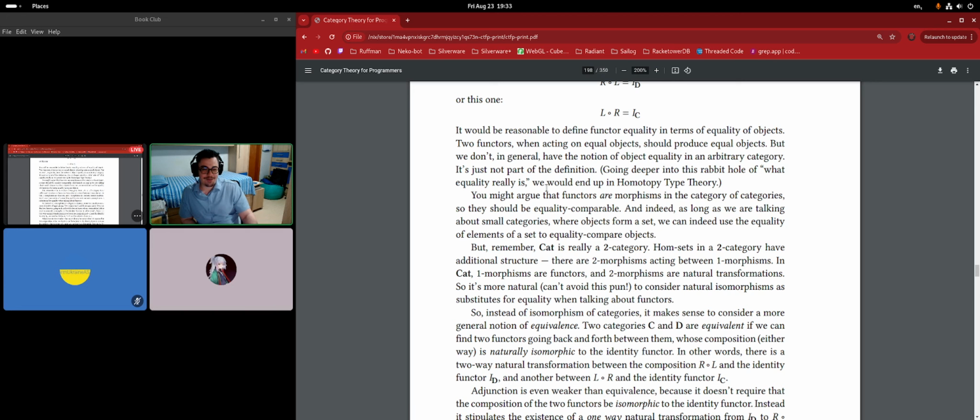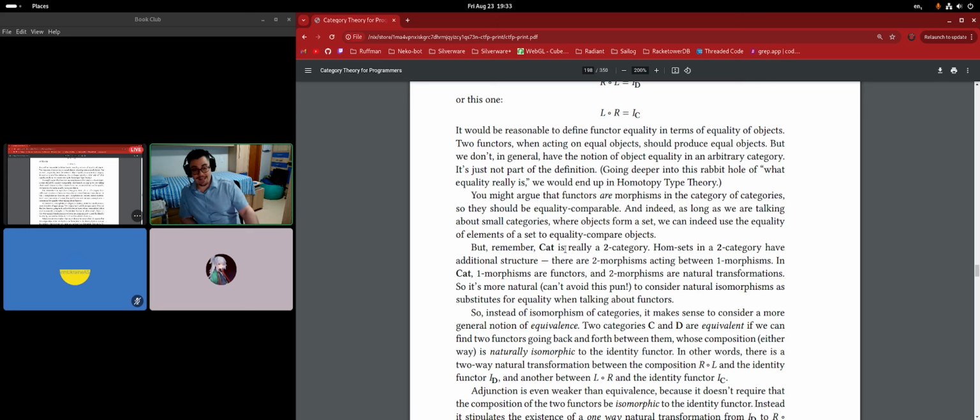You might argue that functors are morphisms in the category of categories. Well, that's what Marinho said, so it must be true. And indeed, as long as we're talking about small categories where objects form a set, we can use the equality of elements of a set to compare objects. That's because we have the privilege where the objects form a set.